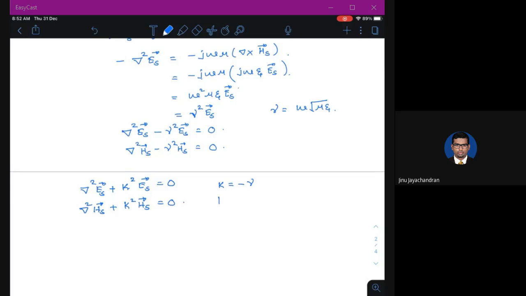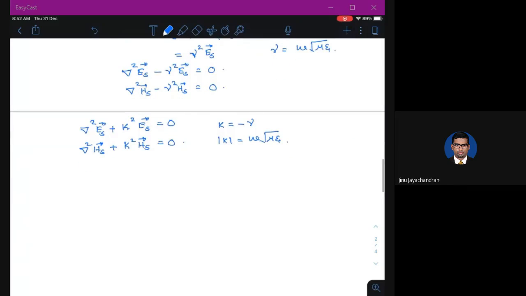And the magnitude of K will be omega into root over mu epsilon without the sign. Okay. Now let's consider only the equation for electric field, which is del square Es plus K square Es equal to 0. So let's consider only this equation.